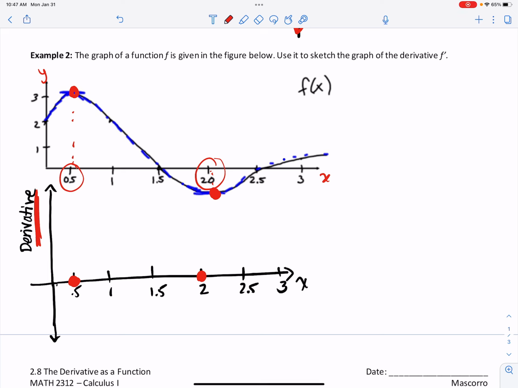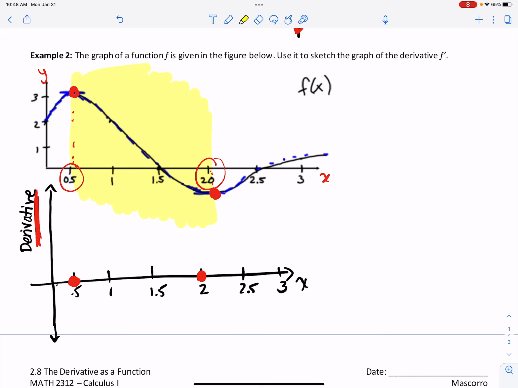All right, go ahead and try to finish this one. Try to do the rest of the sketch. I would look at the intervals now, see what's happening between 0.5 and 2, see what type of derivative that has, positive or negative, and try to draw a sketch of it, okay? If you're stuck, I'll walk around and help you. And we'll go over together. Just want to see if you can try to figure the rest of this one out on your own. You're done.